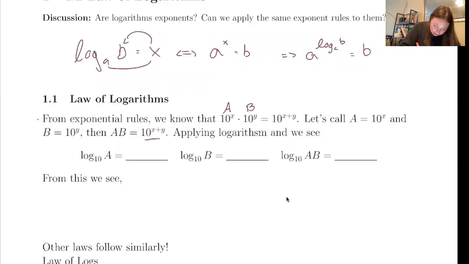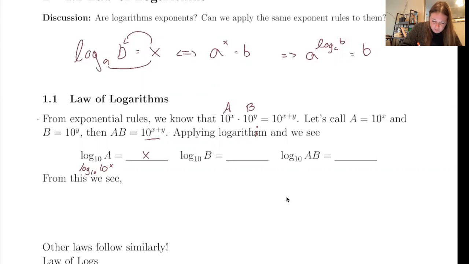So then we can apply logarithms. We can see that log base 10 of A is log base 10 of 10 to the X. What can I raise 10 to get 10 to the X? I can raise it to the X power.